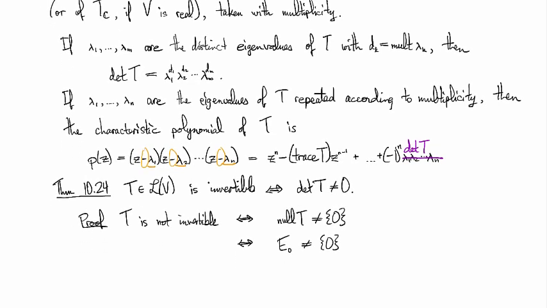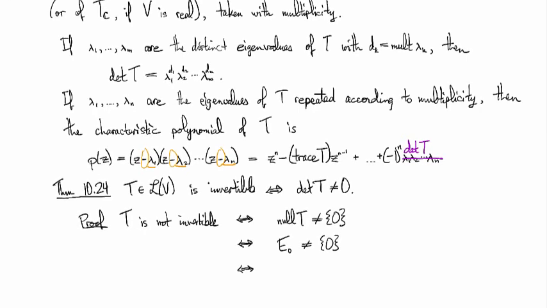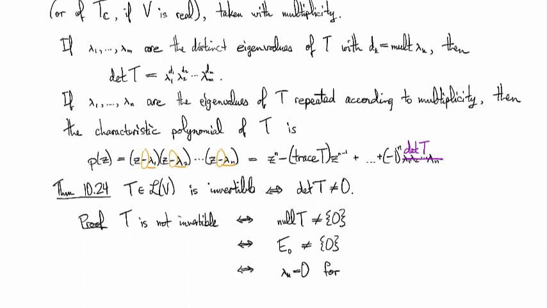And so the eigenspace of 0 contains more than just the 0 vector if and only if lambda k equals 0 is an eigenvalue. So this happens if and only if 0 is an eigenvalue. So maybe that's actually a better way to rewrite what this line is supposed to be saying: 0 is an eigenvalue. That's the meaning of this line.